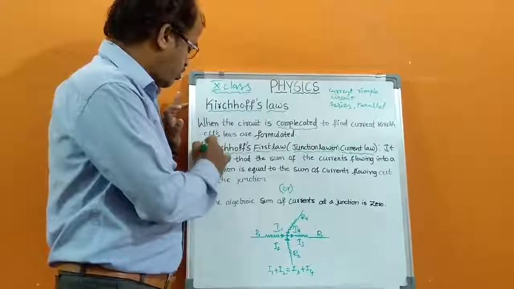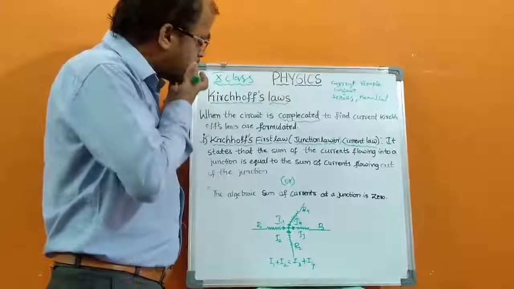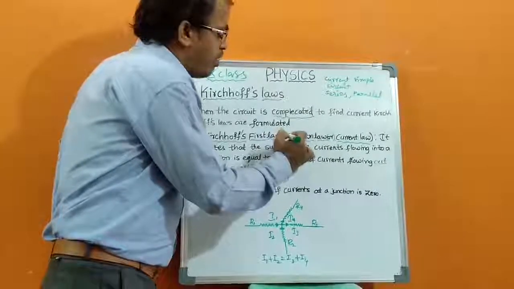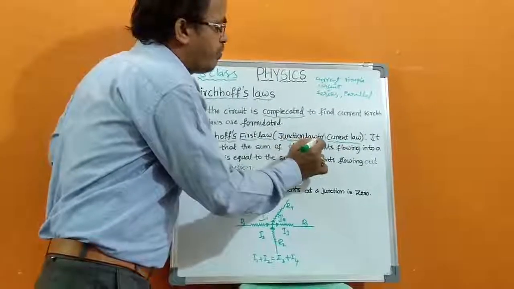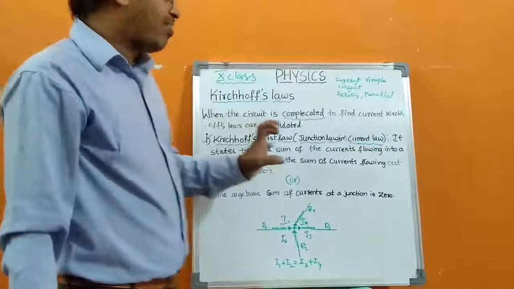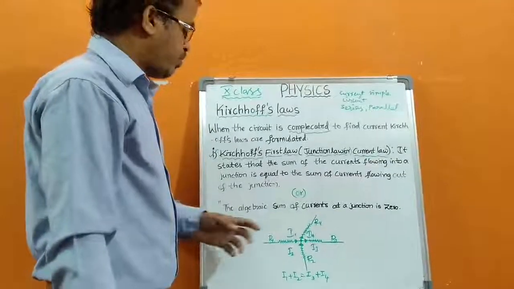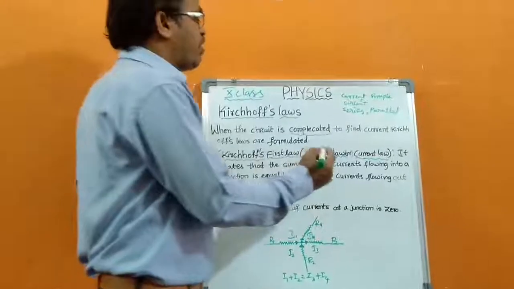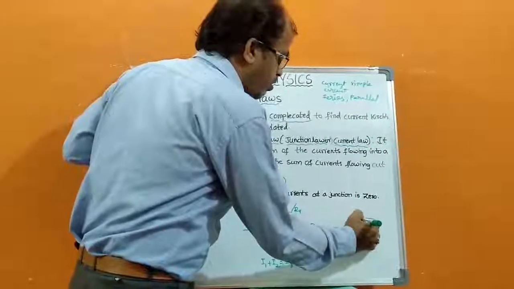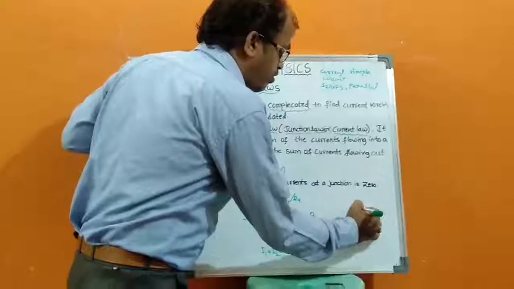So first we have to see Kirchhoff's first law. Another name for this is the junction law or current law. To understand it, we can take the example of traffic. This is the junction.